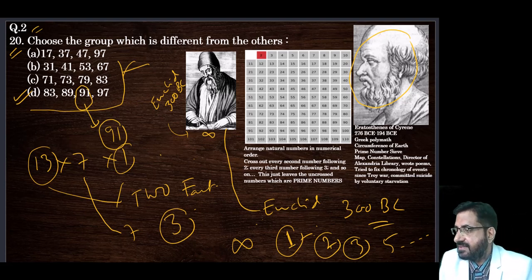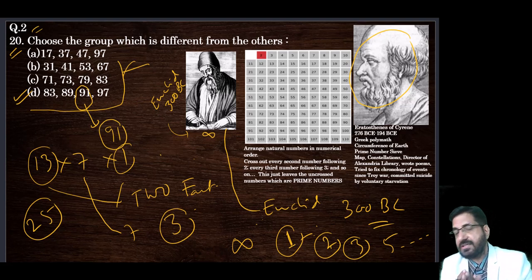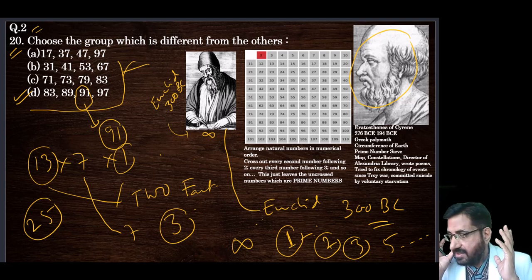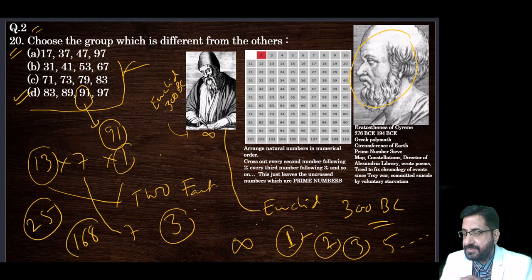Okay, what he said? Write down all the numbers, for example 1 to 100. 1 to 100 will contain 25 prime numbers. From 101 to 200, it contains around 21 prime numbers. Like that, till 1000, we get around 168 prime numbers.